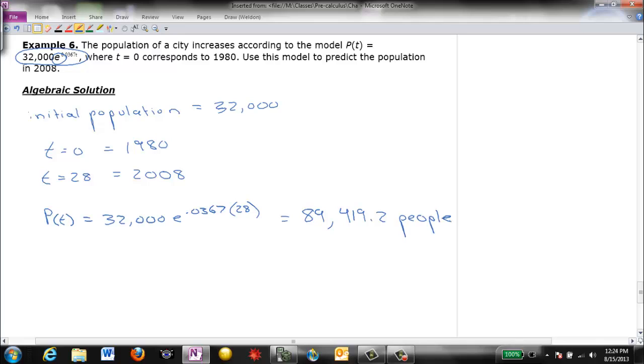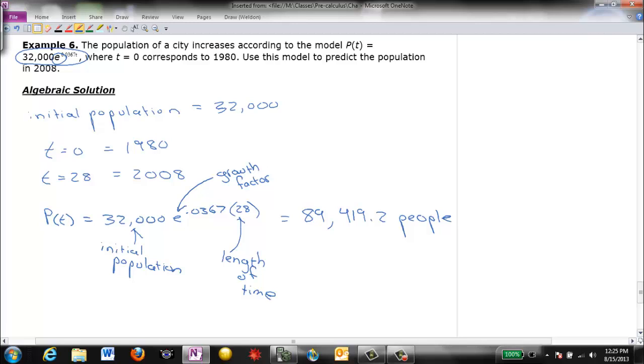Just to talk about these different parts, we have 32,000 representing the initial population. We have our length of time, the length of time that we're letting the city grow. And e is our natural growth factor of our model.